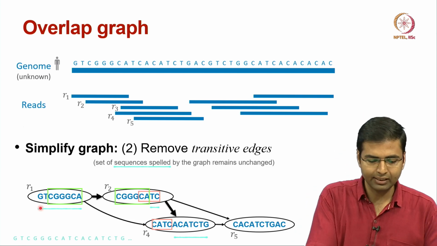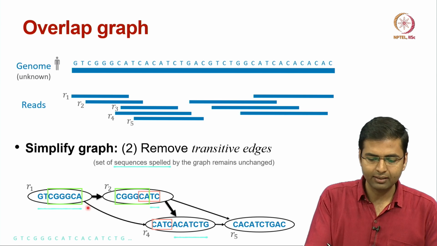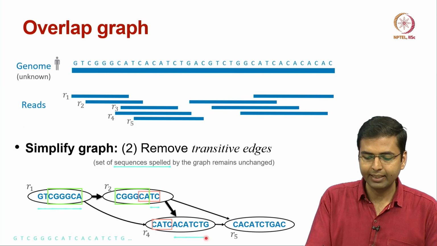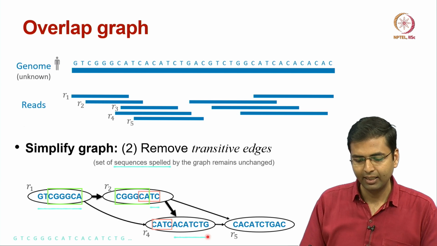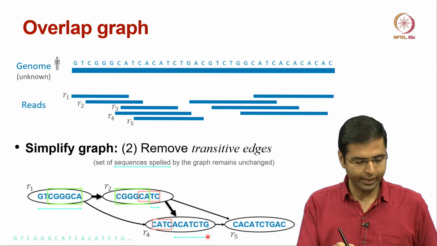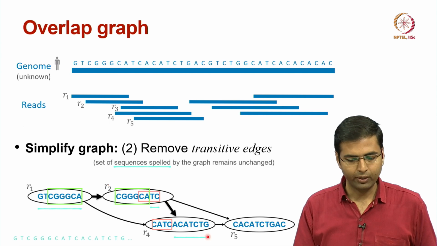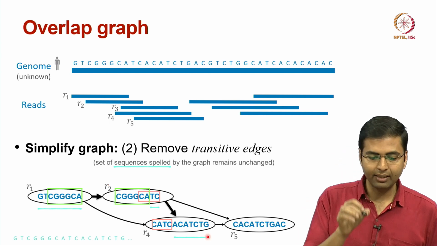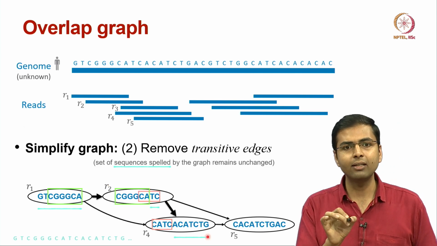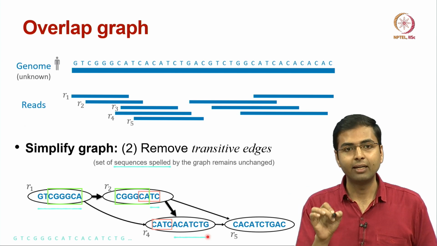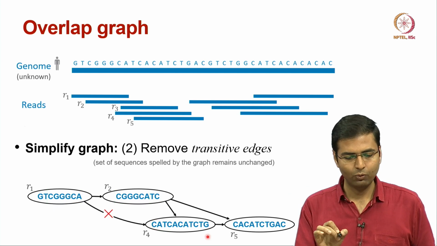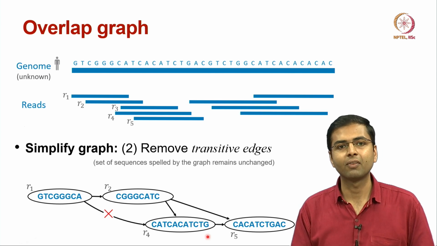Again, in this case the sequence spelled is this followed by TC followed by ACA TCG TG, and you can verify that this sequence matches with the previous sequence. So, in this case we can say that the edge from vertex R1 to vertex R4 is redundant and we can get rid of it.